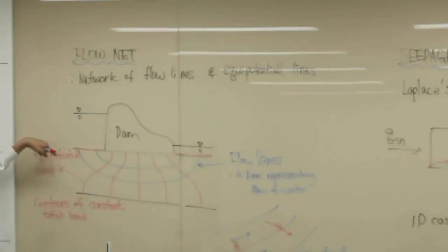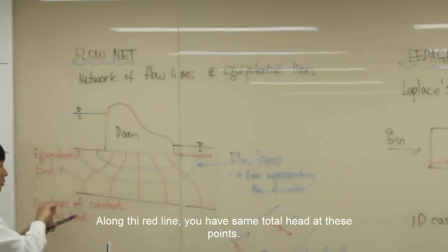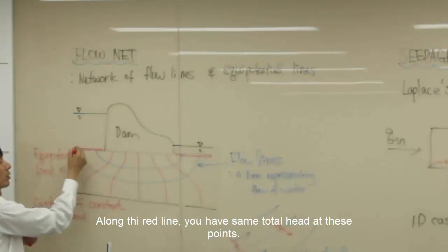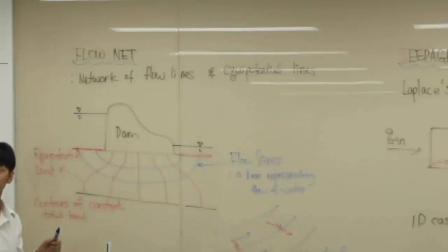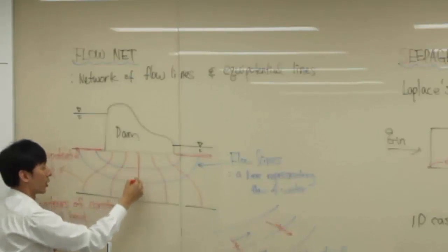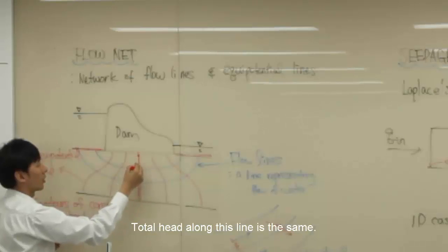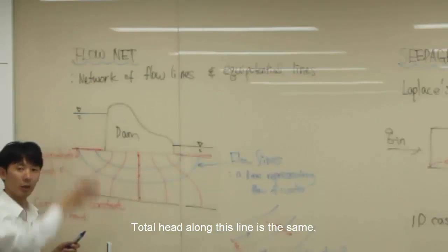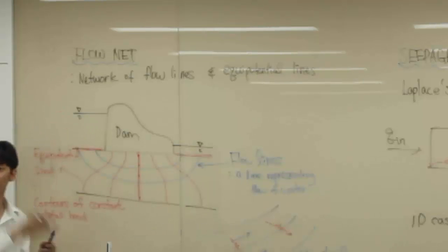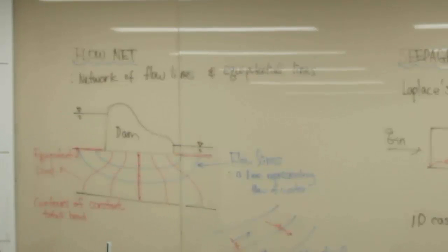And the equipotential line is, so along this red line, for example, here you have the same total head. At this point, this point, this point, total head is the same. Okay? What about here? Total head here, here, here, or at the bottom, because it's on the same equipotential line, the total head is the same.